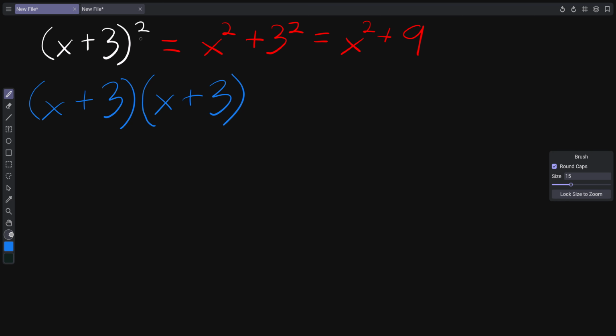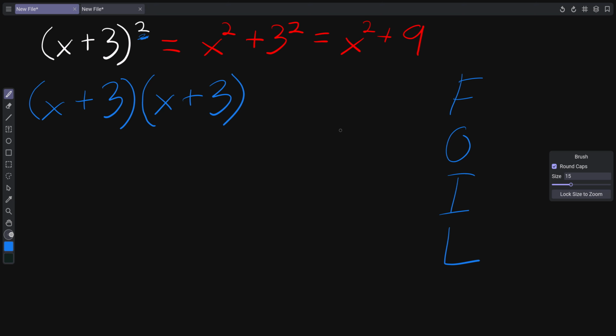So this is how we can get rid of the square here, due to the fact that we're raising it to the second power. We can write it like this. And we can solve this by using the FOIL method, which stands for first, outer, inner, and last.